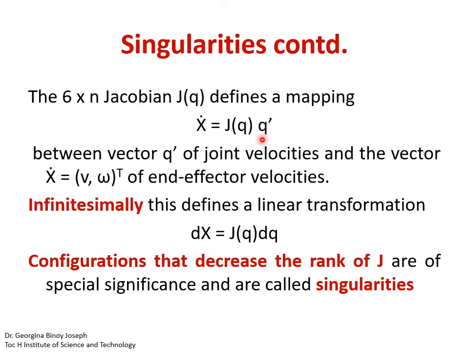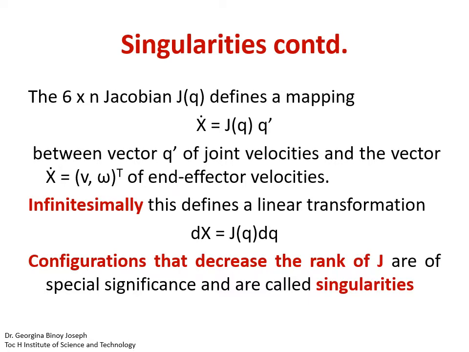Q dot is the vector of joint velocities. So the 6 by n Jacobian matrix defines a mapping between the vector q dot of joint velocities and the vector x dot, equal to v comma omega transpose, of the end effector velocities.